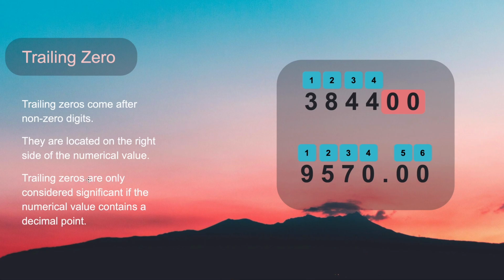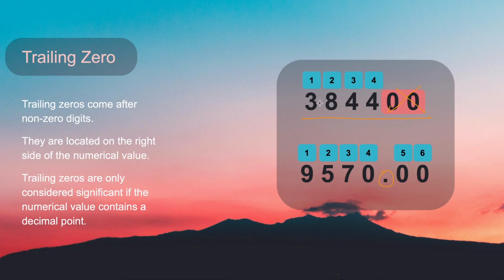Trailing zeros are only considered significant if the numerical value contains a decimal point. If there is no decimal point, they are non-decimal, then they will be neglected. If the decimal point is present, then they will be considered significant.